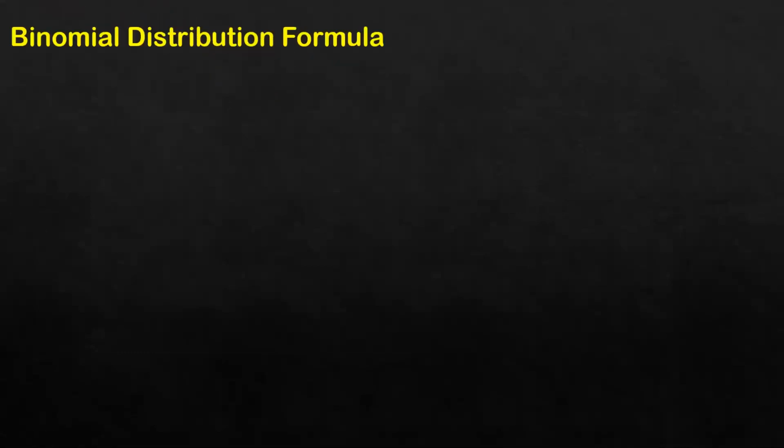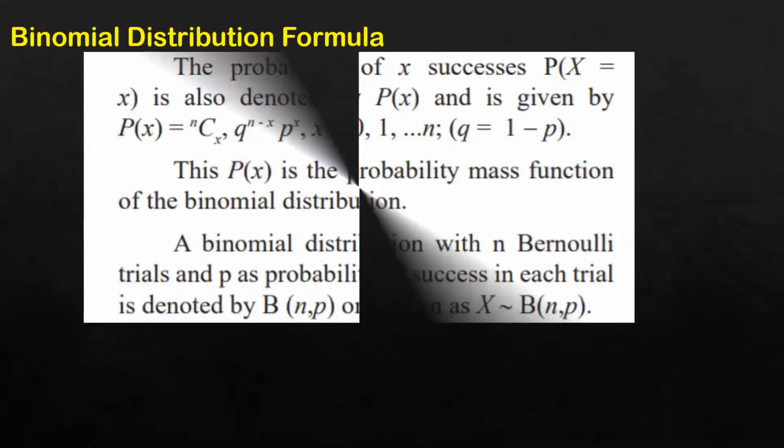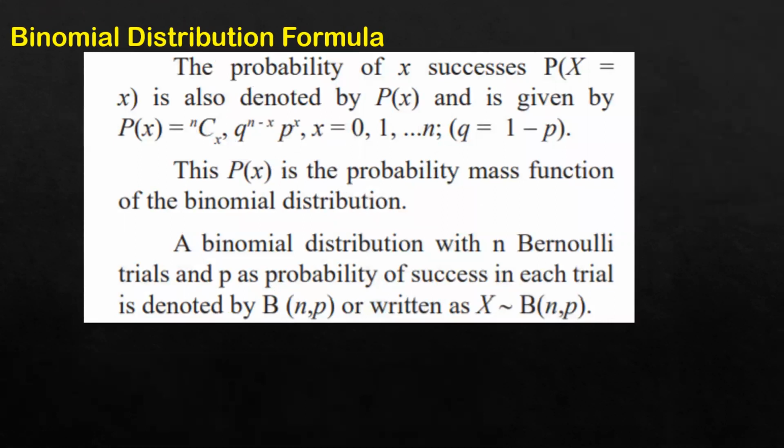So the binomial distribution formula is given like this. For the probability of x successes, where P of x is also denoted by Px, P of x is equal to nCx into q raised to n minus x into p raised to x, where values of x can start from 0, 1 up till n, and the value of q can be found out as 1 minus p.